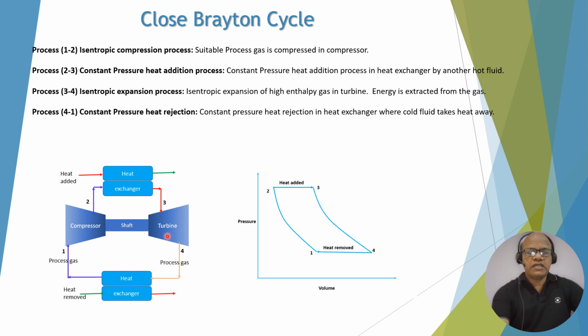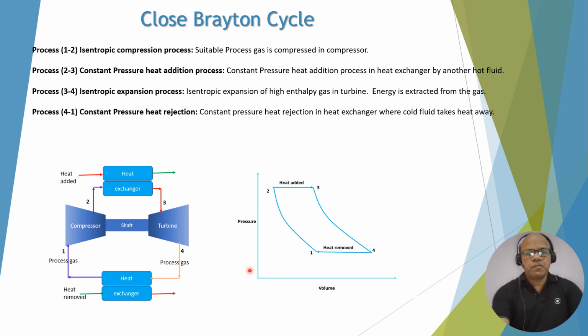So actual heat is extracted from the hot gas by the turbine and power is generated. Then process 4 and 1 is constant pressure heat rejection. You can see there is another heat exchanger. So hot gas which is coming from the turbine, its heat is taken by another fluid, and that is why it is called constant pressure heat rejection process.